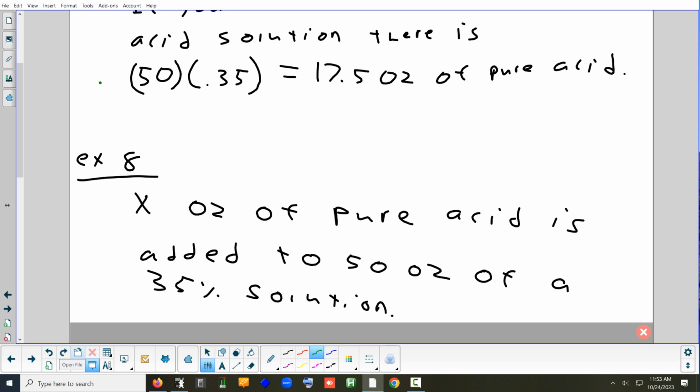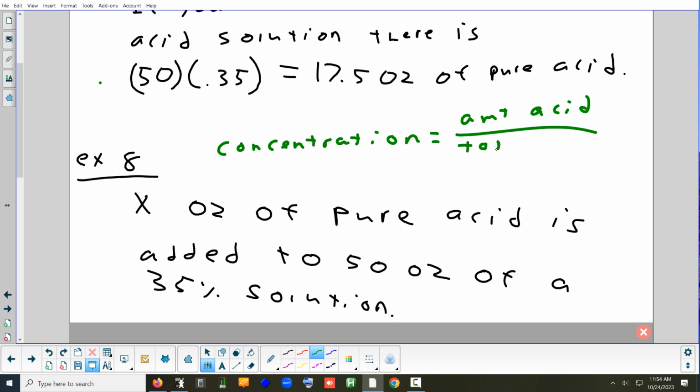And if you're not sure what concentration is, concentration is, in this particular case, the amount of acid divided by the total liquid. So if you have 50 ounces of acid and you have 100 ounces of liquid, 50 divided by 100, that's a 50% solution.